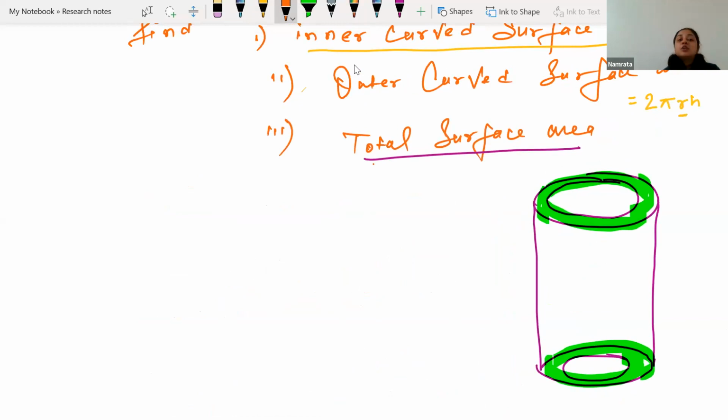Let me write it. What will be the total surface area?